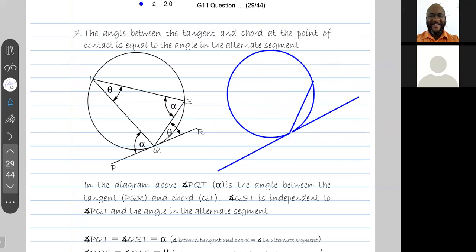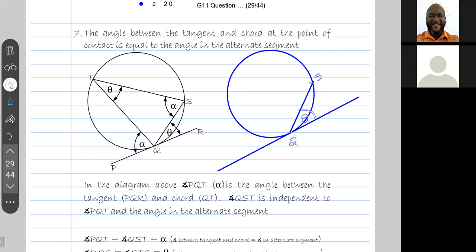That's a chord. So this is my QS. Now, this angle here is called the angle between the tangent and the chord. But remember, the chord divides the circle into segments. So let's call this theta. Theta is the angle between the tangent and the chord at the point of contact Q.